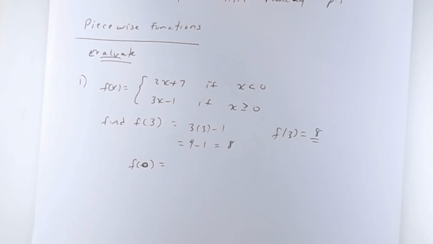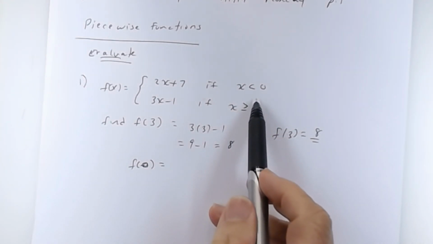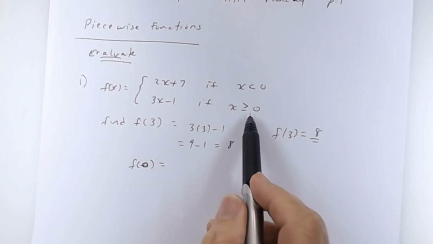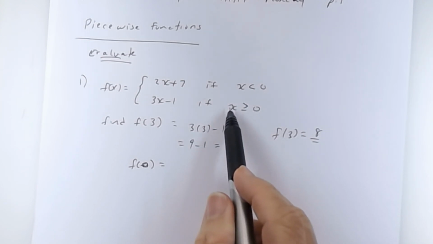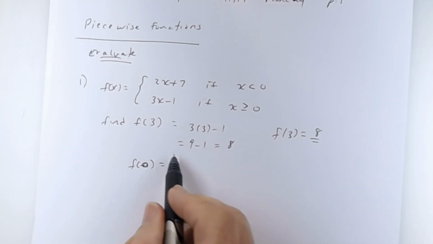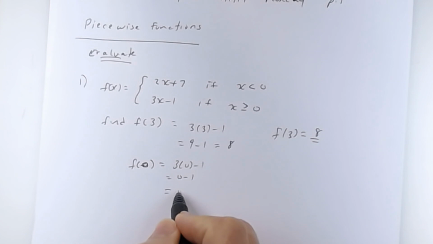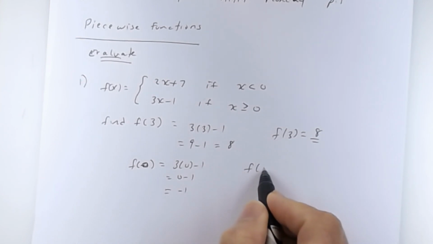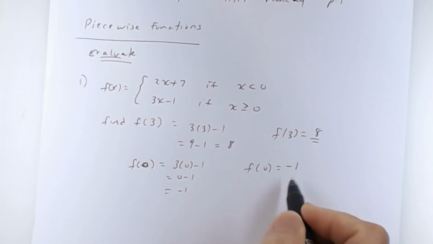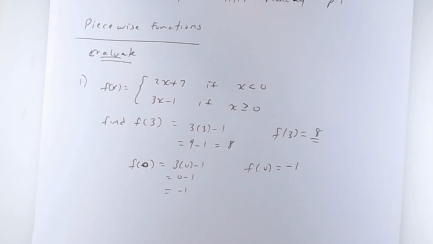If you look at the top one, is 0 less than 0? No, 0 equals 0. So I have to use the bottom one. f of 0 is 3 times 0 minus 1, which is 0 minus 1, which is negative 1. So f of 0 equals negative 1. Again, that means that when x is 0, my y value is negative 1. And when we graph these, you're going to have to use that point, (0, negative 1), as part of your graph.